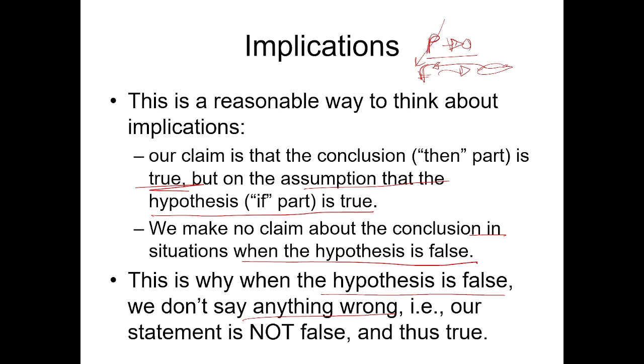We made a promise that if P is true and Q is true, this whole thing is true, but you never said anything about when P is false. There was no basis. The premise here is false. So when the hypothesis is false, we don't say anything wrong. Nothing contradicts our previous thinking. Our statement is not false and thus true.